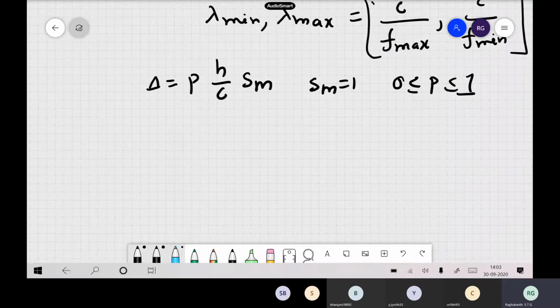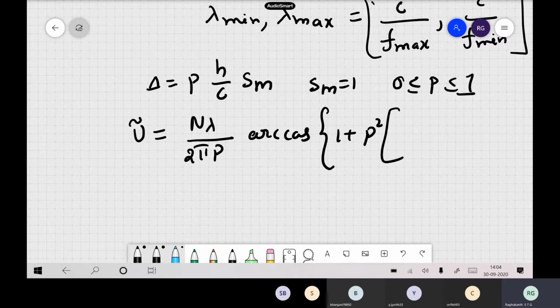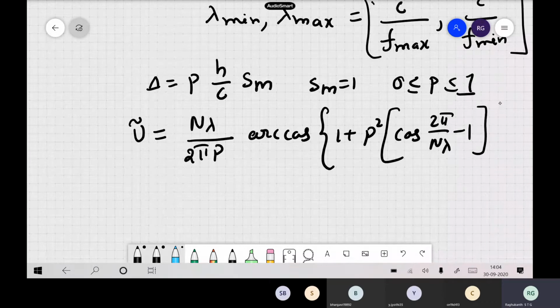And then we have found out this phase velocity. This phase velocity, whatever we wrote in our last class, is based on k being real but omega being complex. I'm just writing what we already wrote in our last class: arc cos of 1 plus p square times cos of 2 pi by N lambda minus 1, multiplied by c.